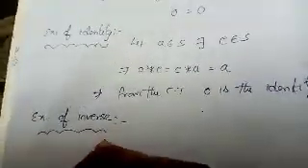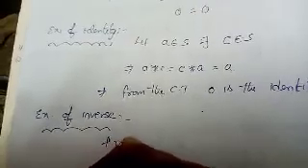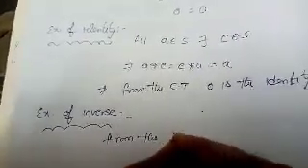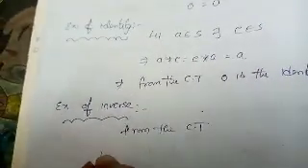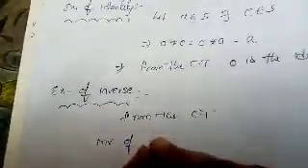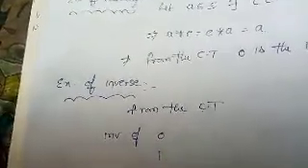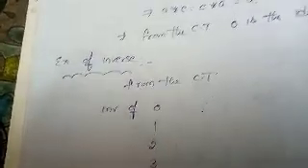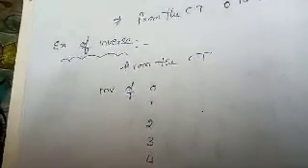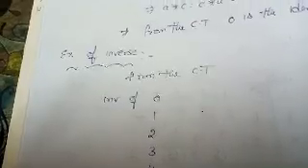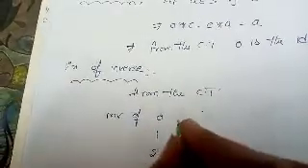What is the existence of inverse? We can also find it from the composition table: the inverse of 0, inverse of 1, inverse of 2, inverse of 3, inverse of 4 and inverse of 5.